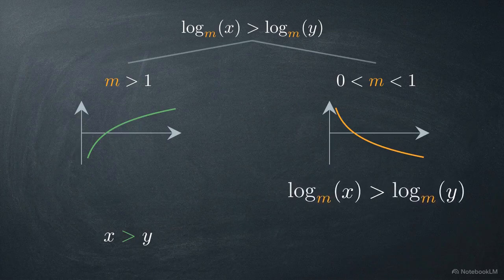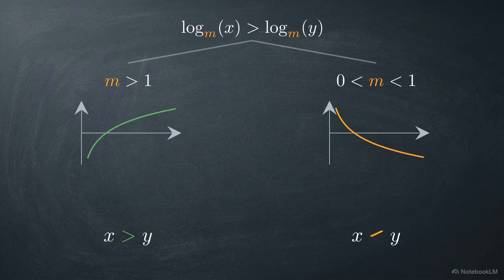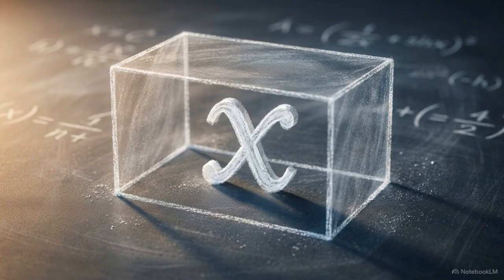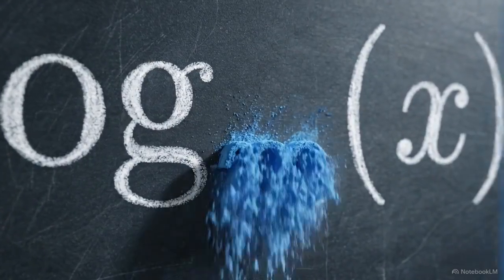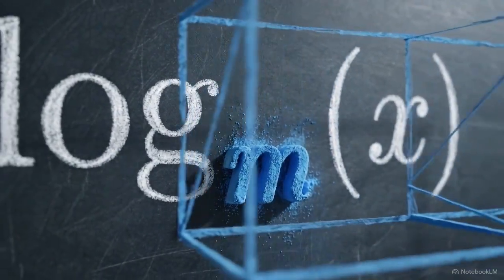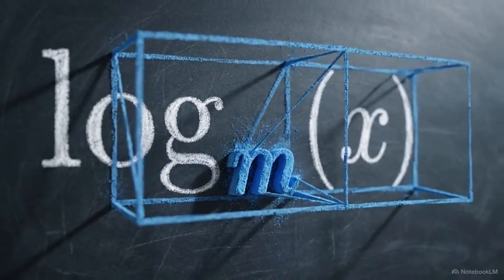Dropping the logarithms in this scenario forces the inequality symbol to violently reverse direction. X is now strictly less than y. Regardless of the base, all logarithmic operands must remain strictly greater than 0 to stay within a valid domain. Logarithms demand we analyze the behavioral nature of the operator before we attempt to manipulate the variables inside it.